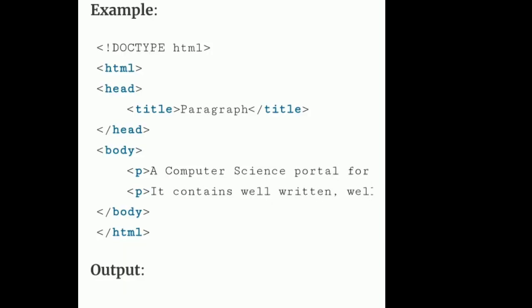Closing paragraph, that is /P. Opening another paragraph, opening P. This paragraph has multiple spaces, but HTML reduces them all to a single space, omitting the extra spaces and lines we have used.